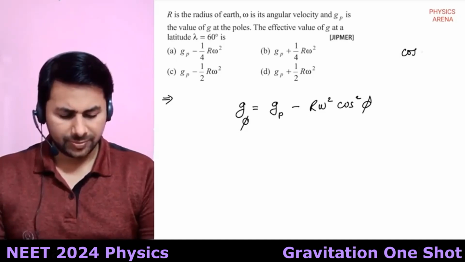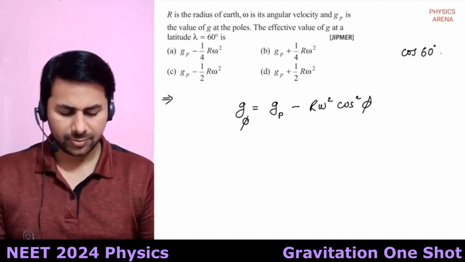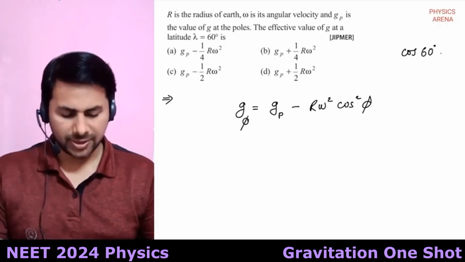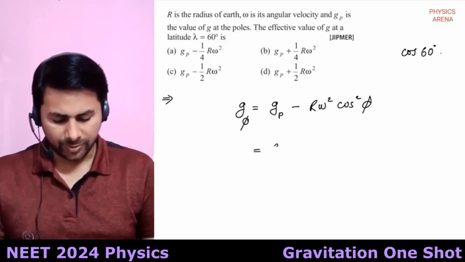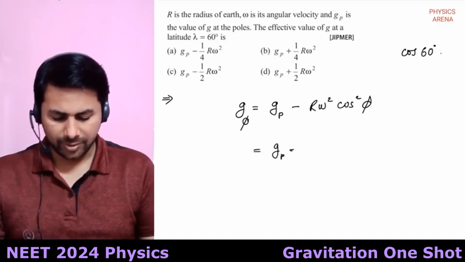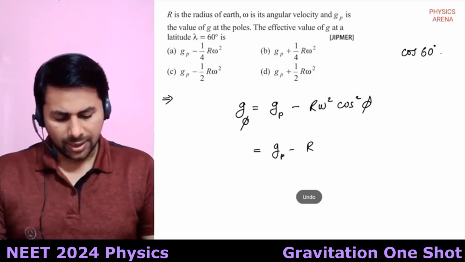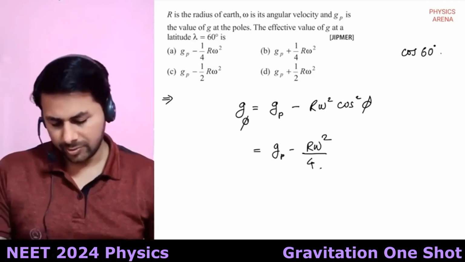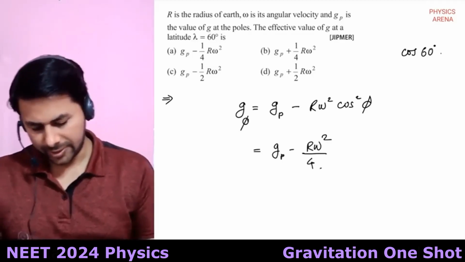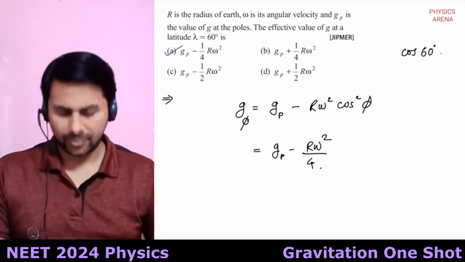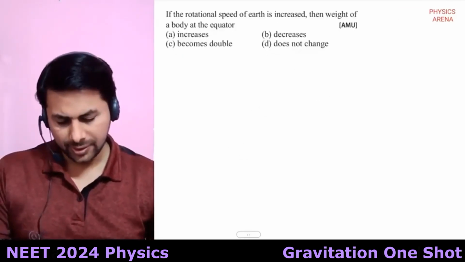What is cos of 60? 1 by 2. So cos square 60 is 1 by 4. So gp minus R omega square by 4. Option A, right?